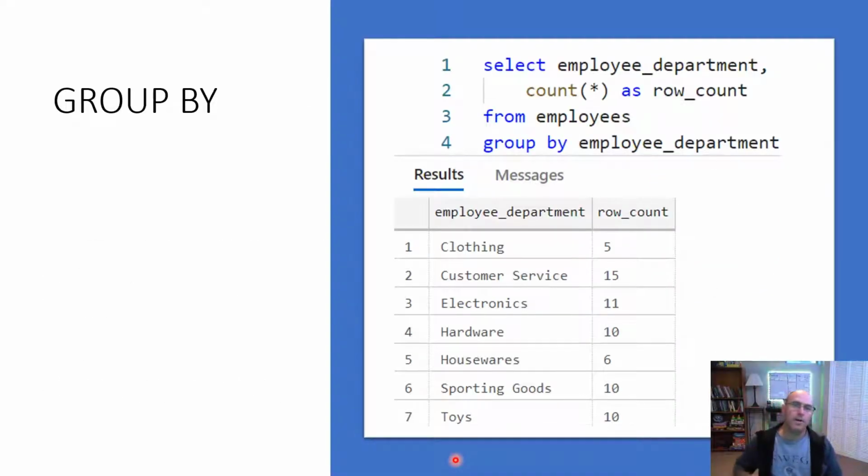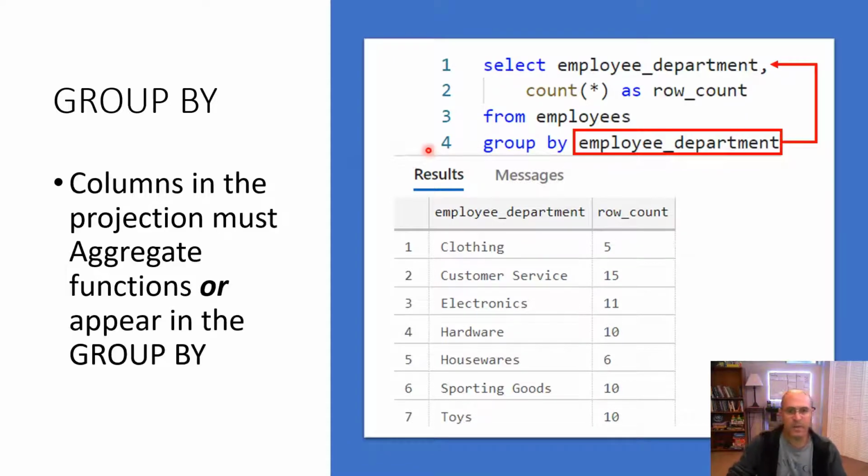All right, let's talk about the group by clause. The group by clause is added to the select statement. And what the group by clause will do is it will take the column that you put in the group by clause, and if it is put in the select clause, you will see the unique values that you've grouped by, and then this aggregate operator will be applied to each unique value.